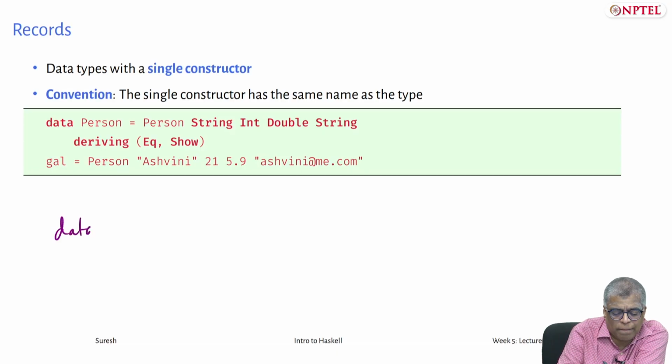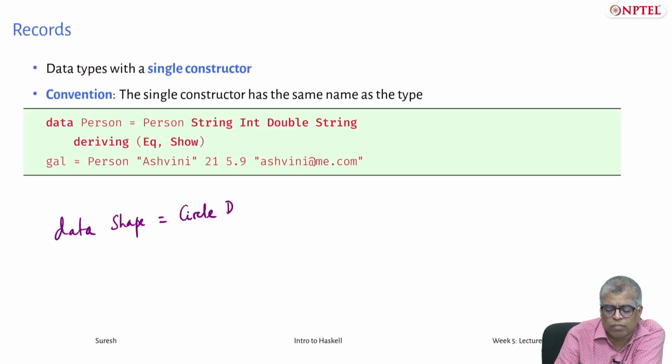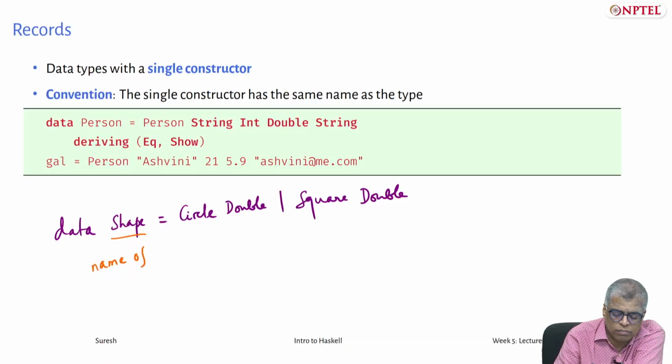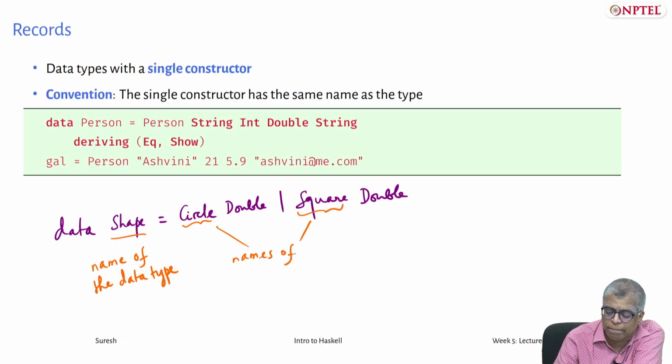So when you have Shape, that is the name of the data type, Circle Double and Square Double are the names of the constructors, and Double is the type of the parameter to the constructor.